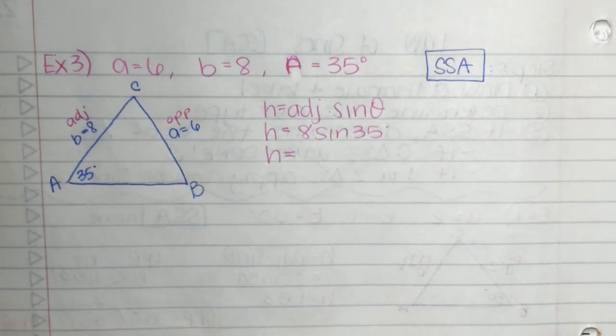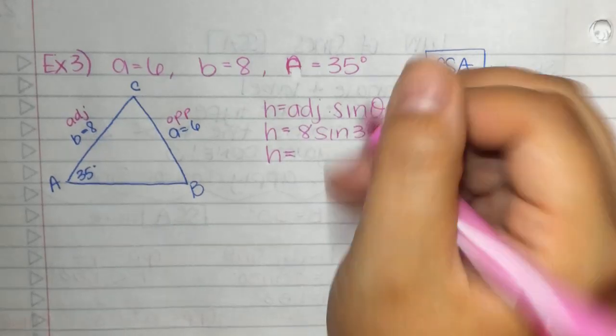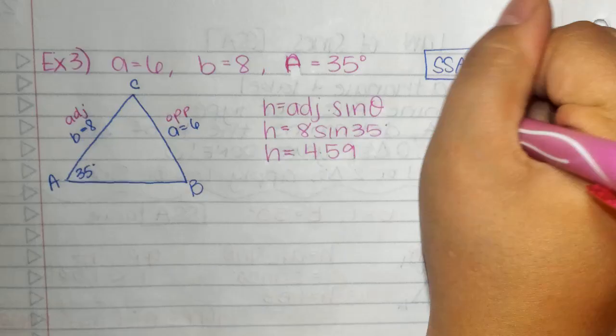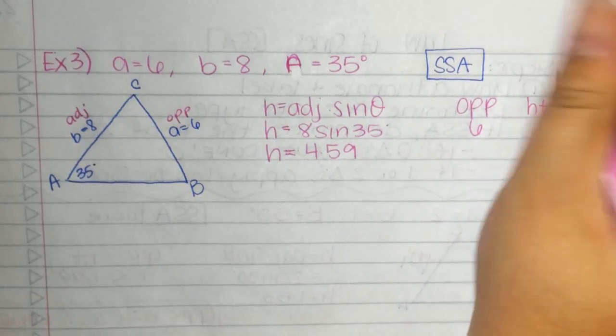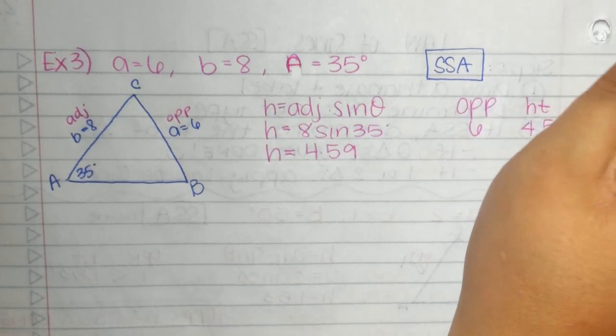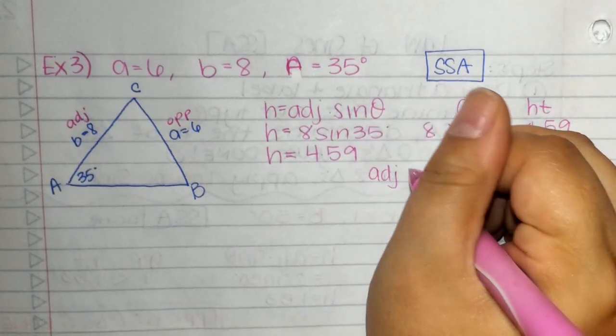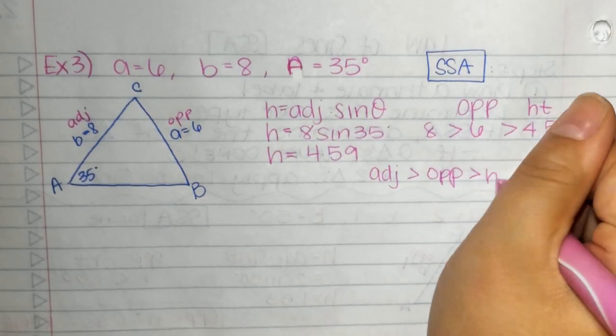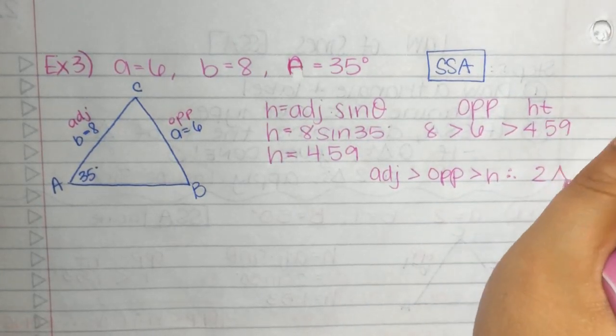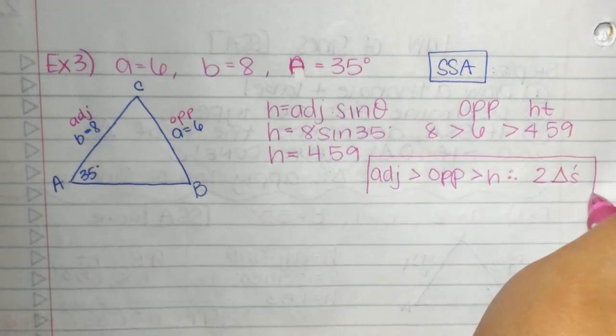What did y'all get for the height? Louder? 4 point. I can't hear y'all. They're like whispering. 4.59? So if my adjacent is greater than my opposite, which is greater than my height, therefore, what is it? 2 triangles.